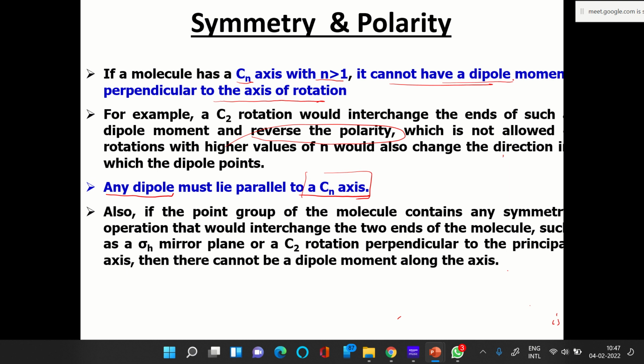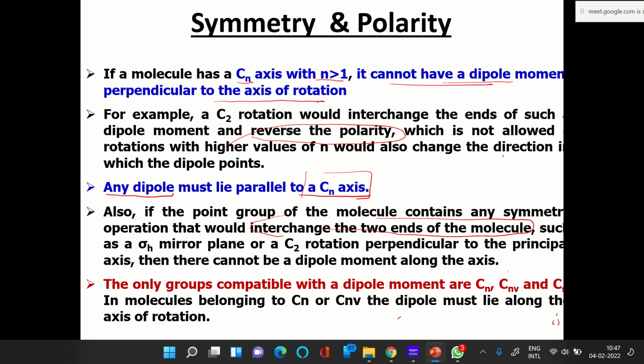It cannot lie perpendicular to the Cn axis, the principal axis that we are talking about. Any 180 degree rotation will interchange the positions of the two ends, and the dipole moment will be affected. So the only groups that can have a dipole moment turn out to be Cn, Cnv, Cs. See how easy that has become.